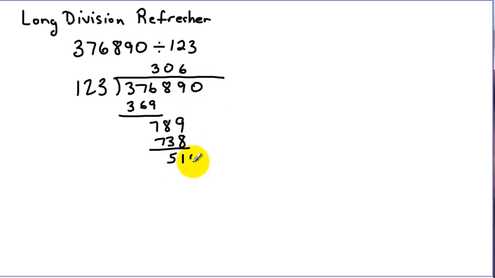Bring down the 0, and now we divide here. 123 will go into that about 4 times. So we get 4 times 3 is 12, 8, 9, and 4. And we subtract and we get 18, which is our remainder.